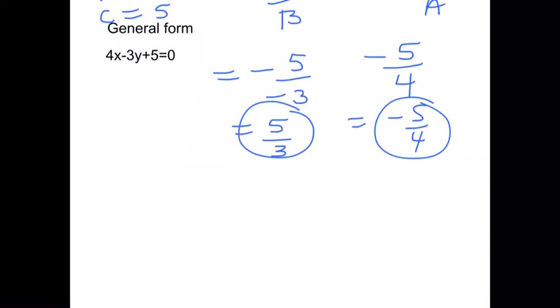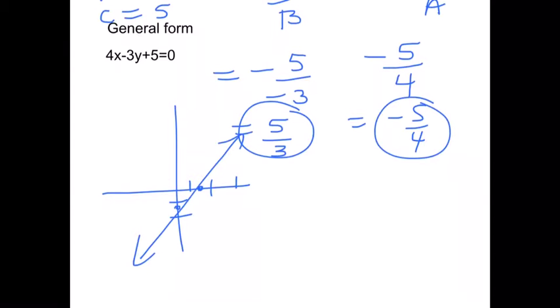All right, here is another bad graph coming up, I apologize. Okay, 5 thirds, it's approximately here somewhere, and minus 5 quarters is down here, and there we go. So there you have it. You already knew everything about general form because you know everything about bees. Great.